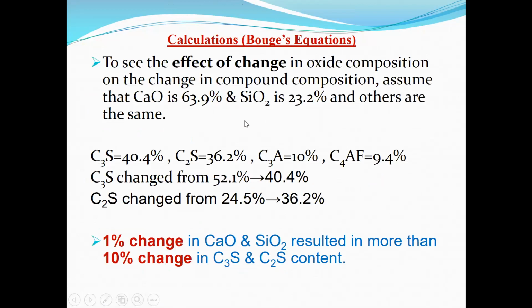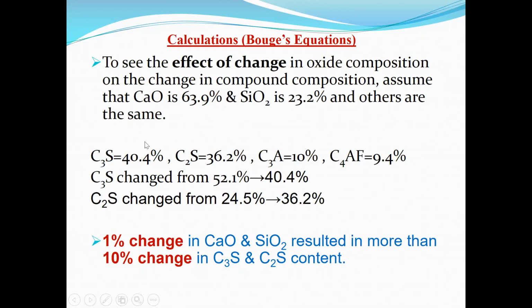Let's see what happens. Calcium oxide is decreased by 1% and silica is increased by 1%, and the other things remain the same.